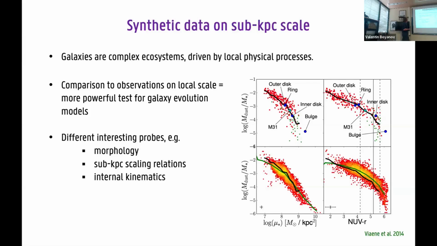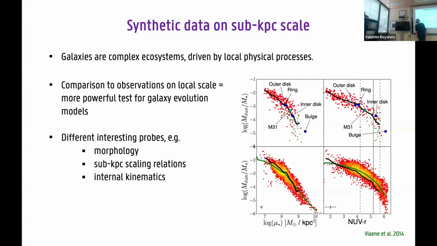And for example, what you see here is a correlation. All the red dots are individual galaxies. It is the dust to stellar mass ratio versus the stellar mass surface density. You see that galaxies form a sequence.